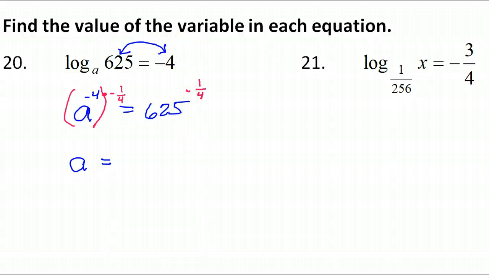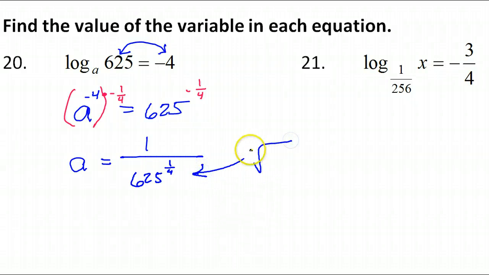Okay, now remember, a negative power is going to drop you down to the denominator. So this will become 1 over 625 to the 1/4 power. Just remember that the 1/4 power is the same thing as a fourth root. In your mind, as you look at this, you should be thinking the fourth root of 625.